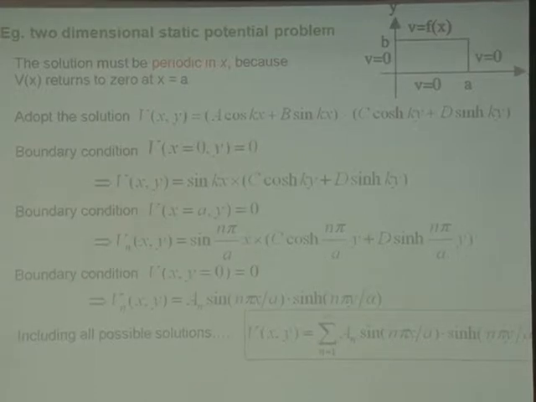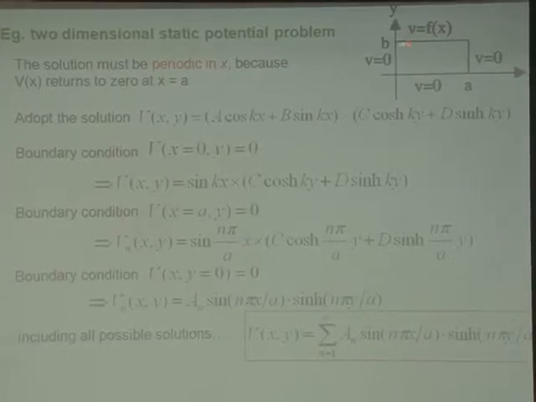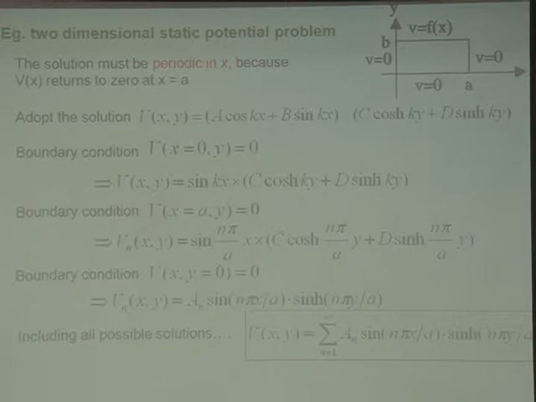But at this point, we haven't used this boundary condition yet. 有4个边界条件，我们这还有一个边界条件还没用。OK，这第4个边界条件呢 will be used to determine your an, your coefficient an.